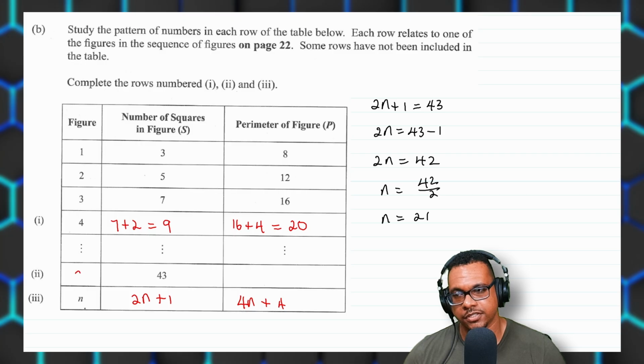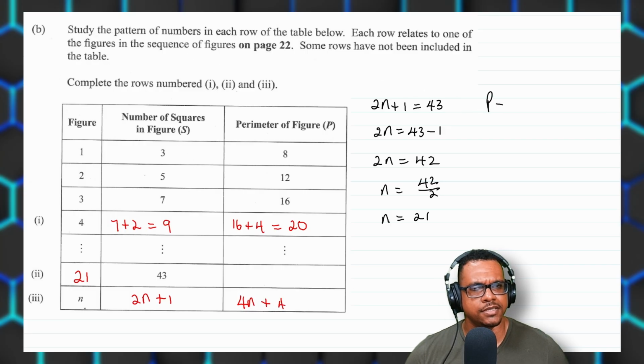So I'll come in here and put 21. And now that we know the figure number is 21 for part 2, we can work out the perimeter, because this is the nth term for the perimeter. So perimeter is equal to 4n plus 4 when the figure number is n. So I'm going to put P is equal to 4n plus 4.